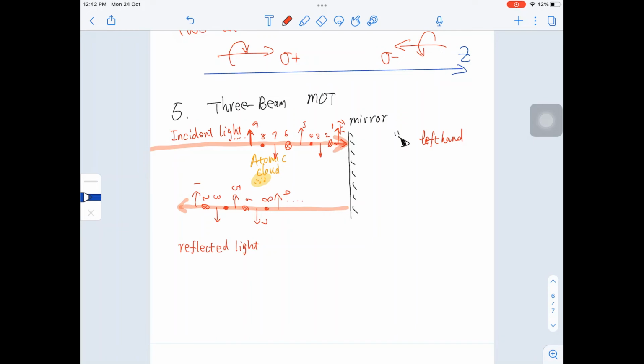Now we need to see the light in this direction. This is the k. We can see it is rotating counterclockwise, which means this light is right hand polarized.